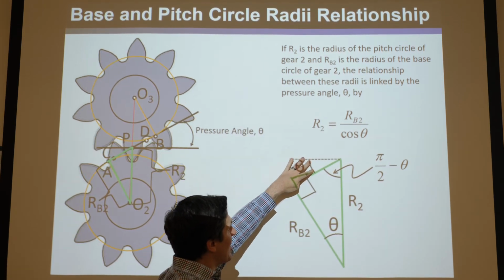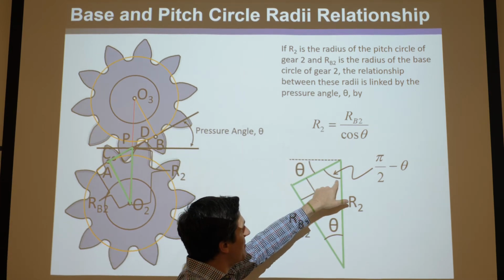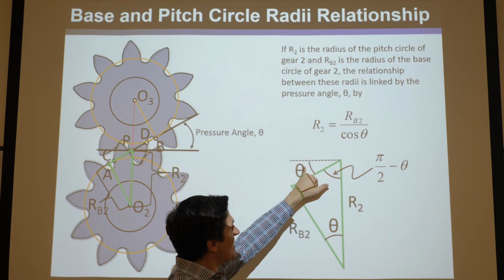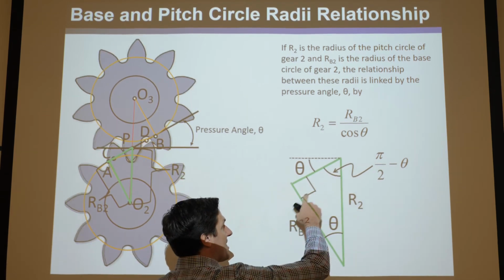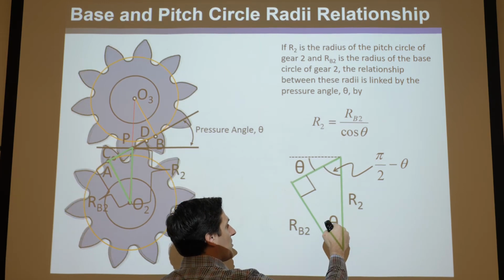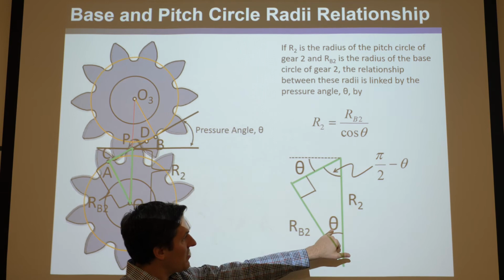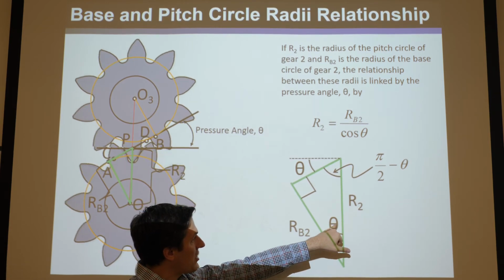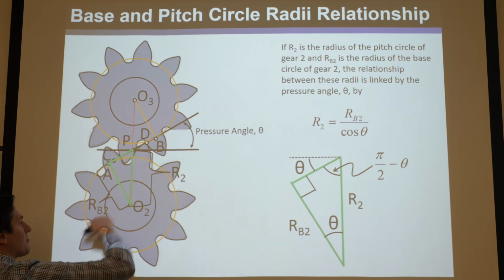And if that's theta, you can know that this is pi divided by 2, that's 90 degrees, minus theta. And since this is 90 degrees, and that's 90 degrees minus theta, and all these angles have to add up to 180 degrees or pi, you can prove that this also is the pressure angle theta. So that's the pressure angle, that's the pressure angle, and that's the pressure angle.